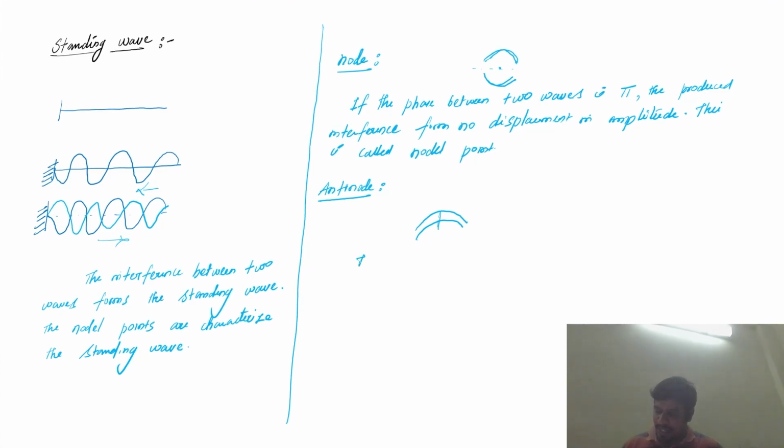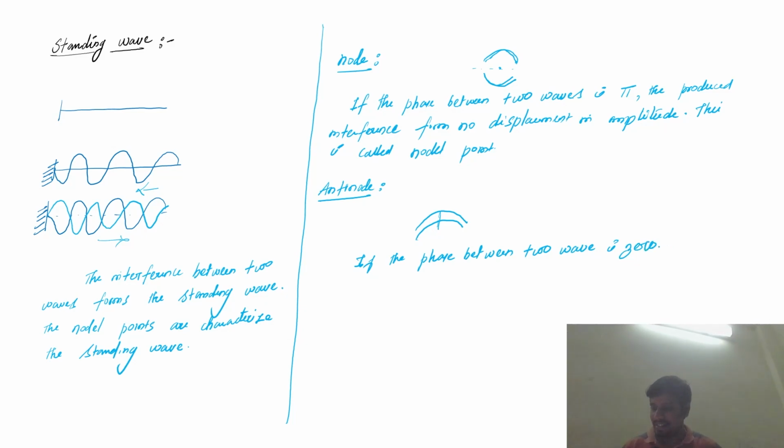Then how can we define the antinodal point? If the phase between two waves is 0, that means they are identical.